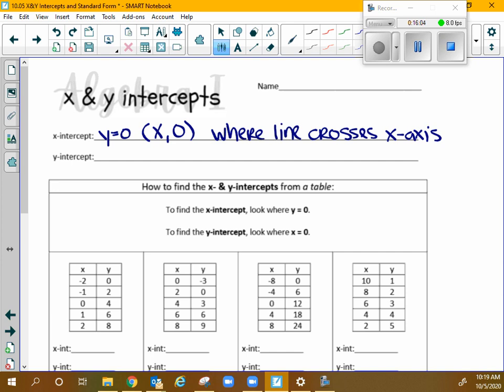What about my y-intercept? Opposite. So x equals 0. Its form would always be 0 and then some y value. And it's where my line crosses the y-axis.